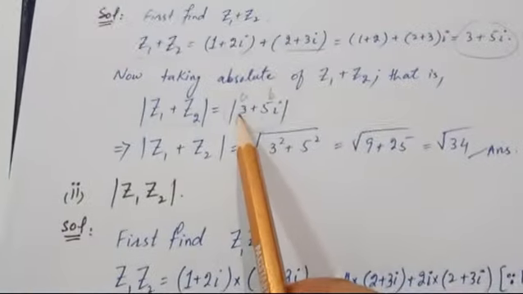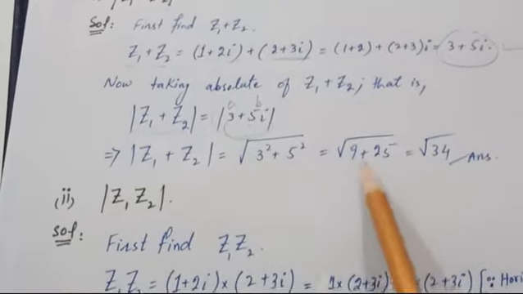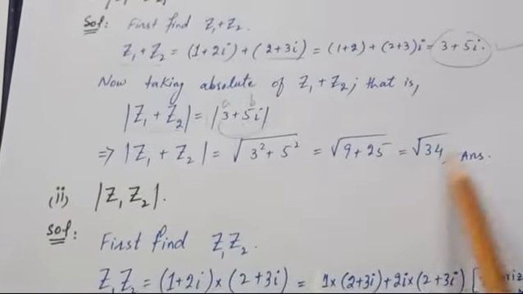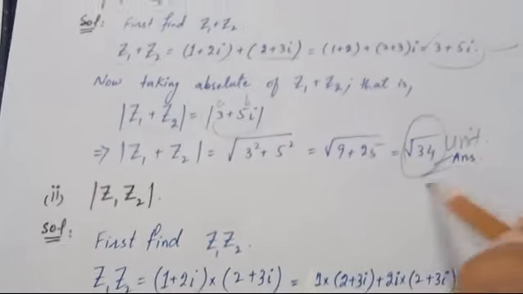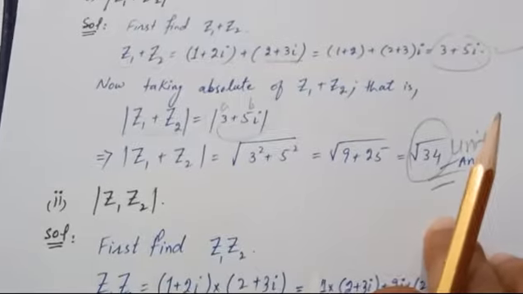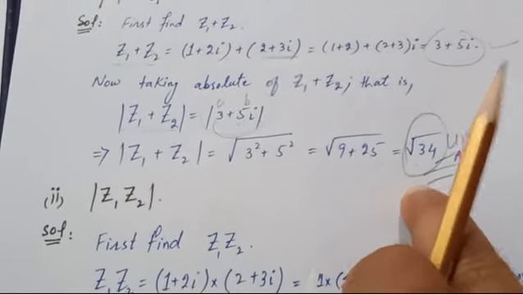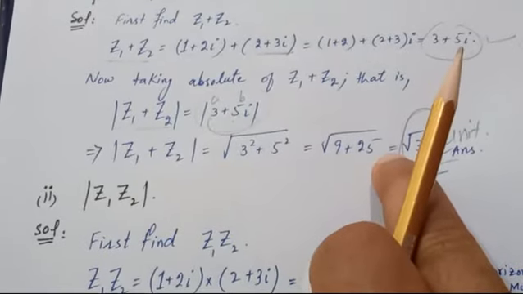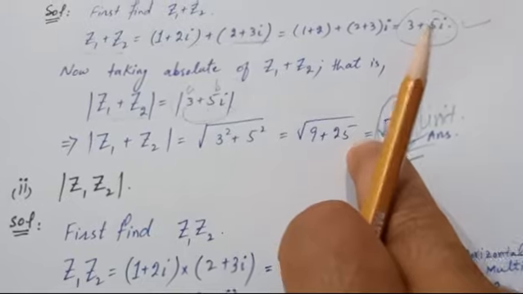So this will be equal to the square root of 3 square plus 5 square. So this is 9 plus 25, which is equal to 34. You must write the unit with this because the absolute represents a distance. So this is the principal square root of 34. There must be a positive sign, and that must not be negative because it represents a distance.